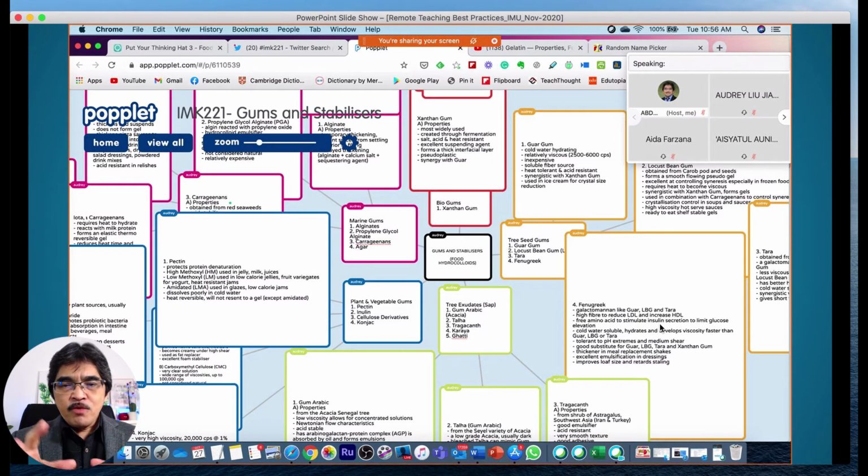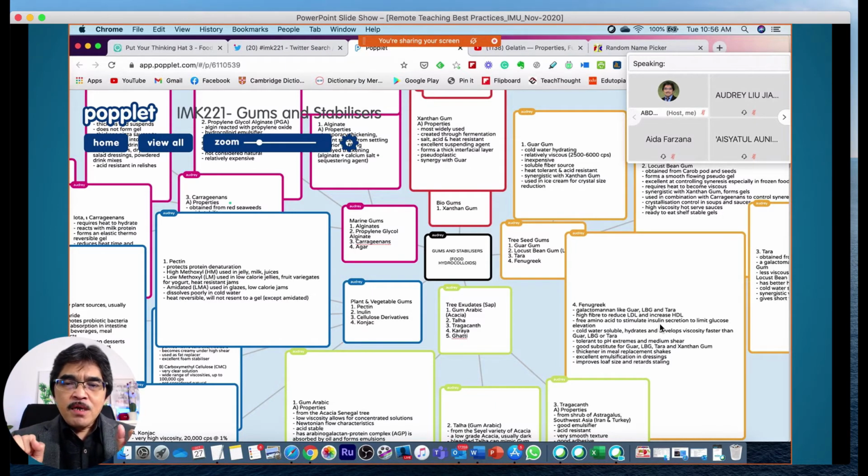Then during the class, I will pick one or two mind maps, one that is quite complete, another maybe less complete, so that we can see where the gaps are. Then we go through, again through a series of questions, to take them through this mind map.